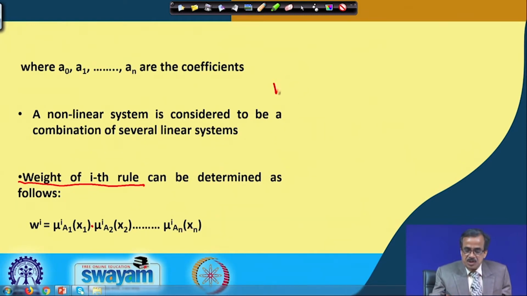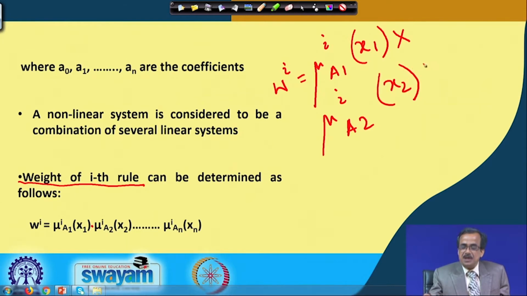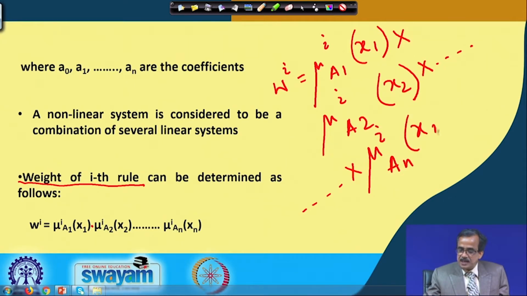That means the strength of the ith rule is represented as the membership value of A 1 corresponding to the ith rule the moment I am passing this x 1 as the input variable, multiplied by the mu A 2 corresponding to the ith rule, the moment I am passing this x 2 as the input variable. So, all such mu values we try to find out, and the last term is nothing but A n i corresponding to your x n.